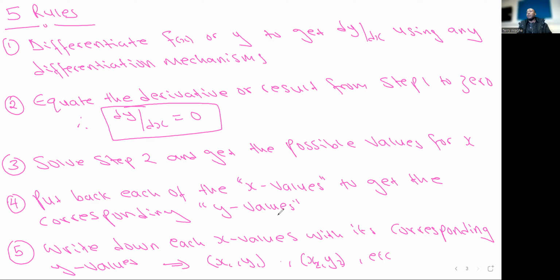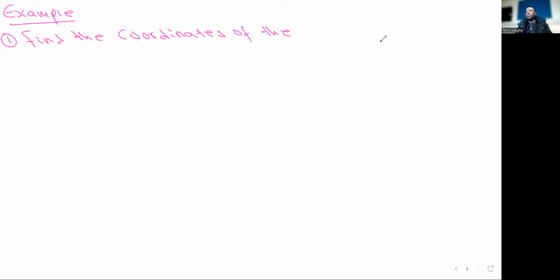solve a question now. Let's pick an example. In this example, we're told to find the coordinates of the stationary points on each curve.